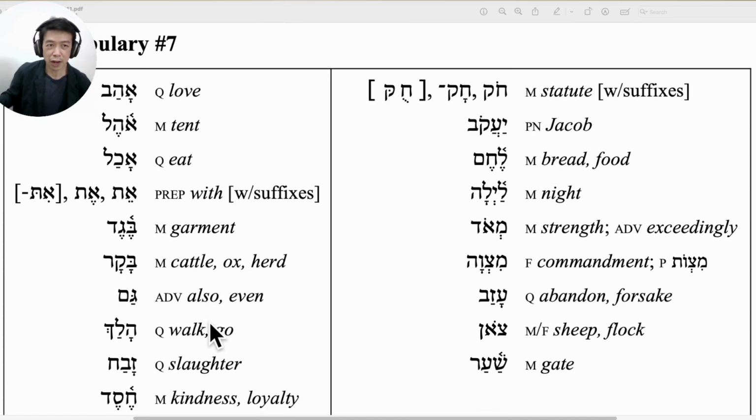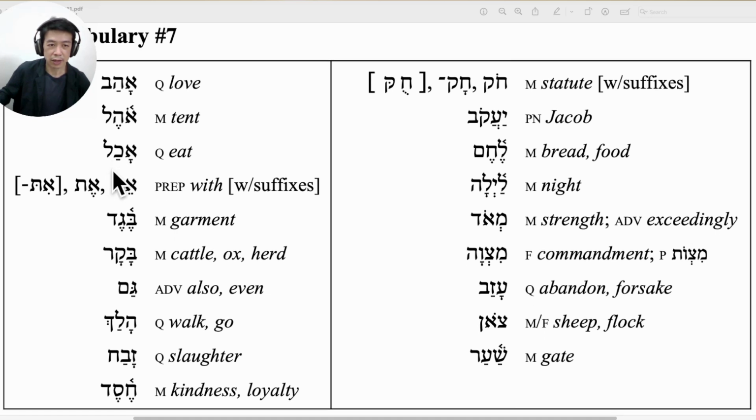The first word on the left is love, ahav. The next word is tent, ohel. The next word is eat, achal.